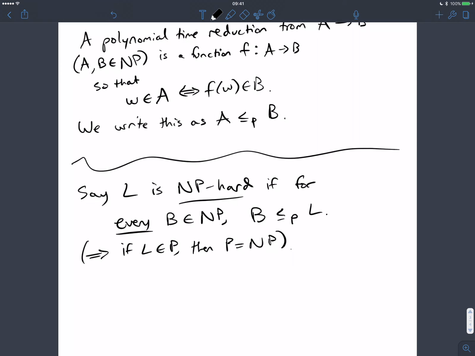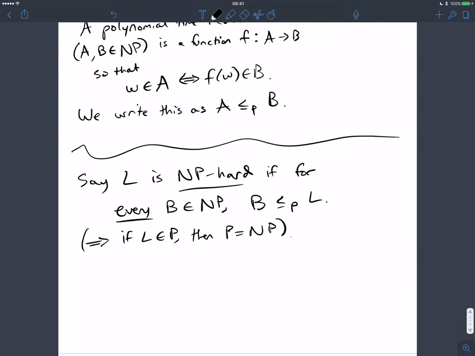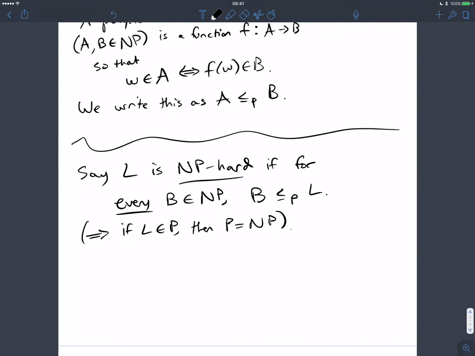There are some problems that take an infinite size domain of A and map it to 2 elements. Okay, yeah, it has to be 2, but it can't be 1 actually, but you can map it down to 2. So it doesn't have to be one-to-one or onto or anything. Okay, so this really does capture what we want. If we can solve L really efficiently, then we can solve everything in NP efficiently.